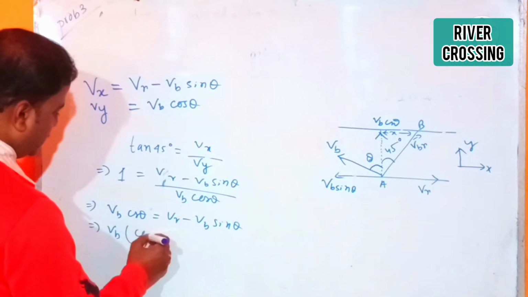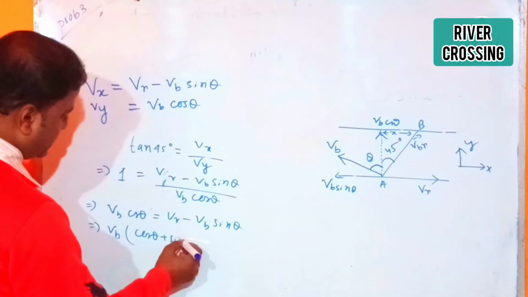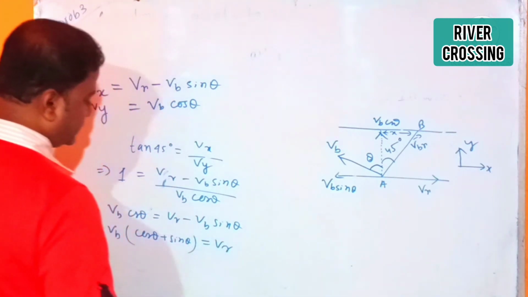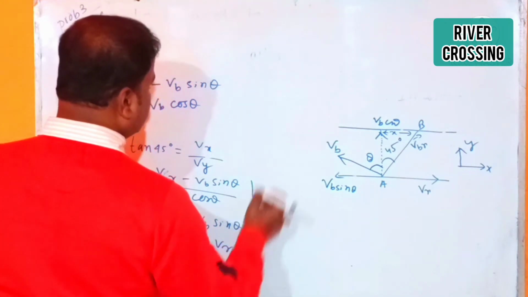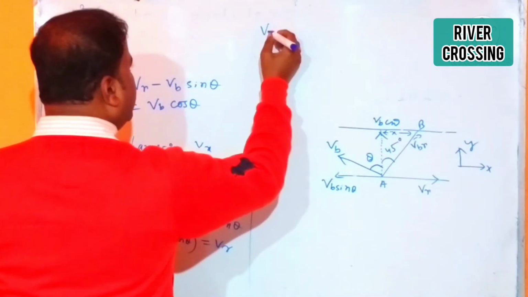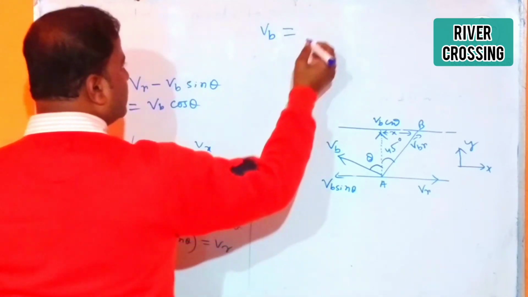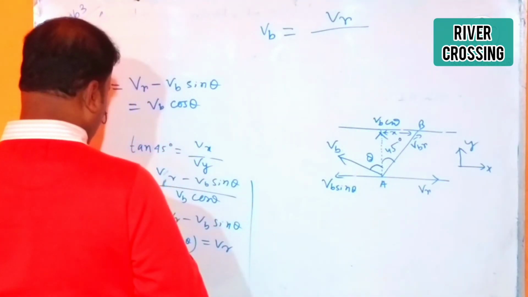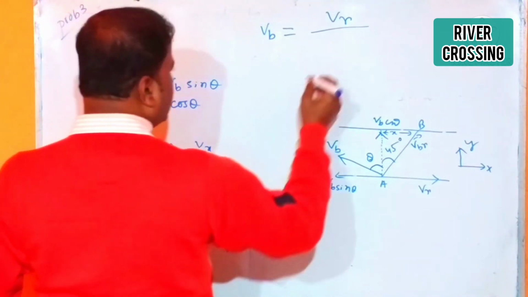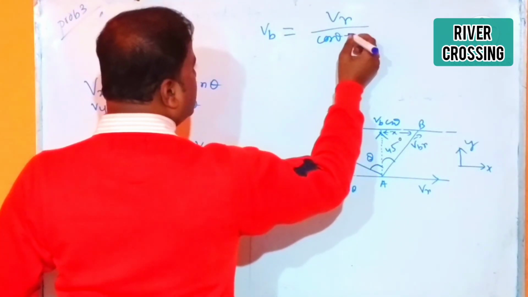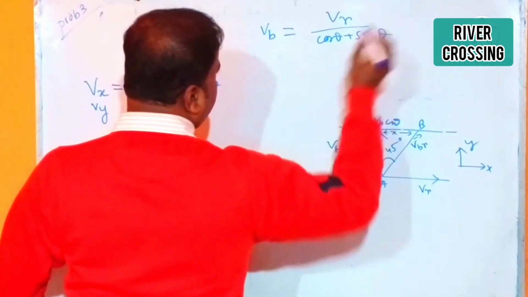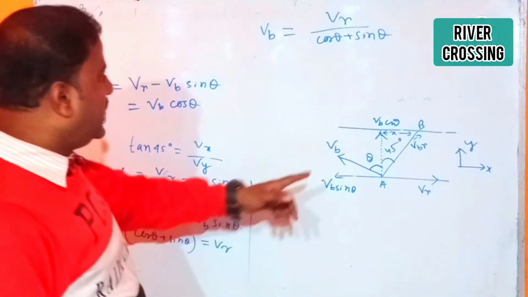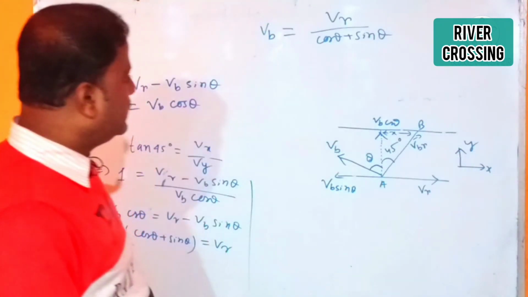Vb into cos theta plus sin theta equal to Vr, or Vb equal to Vr by cos theta plus sin theta. In general, this is the velocity of the boat.